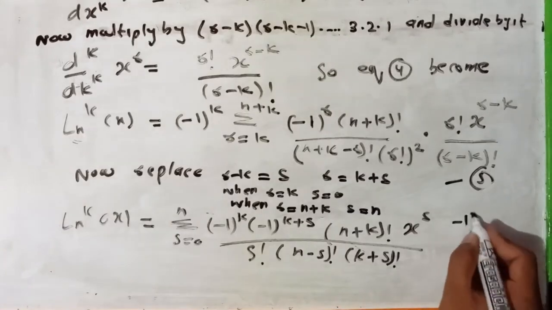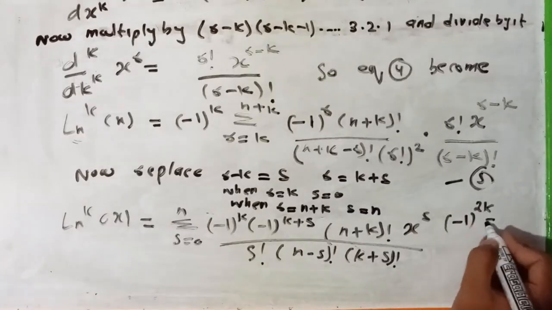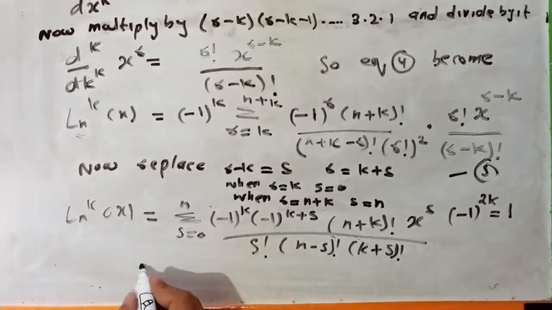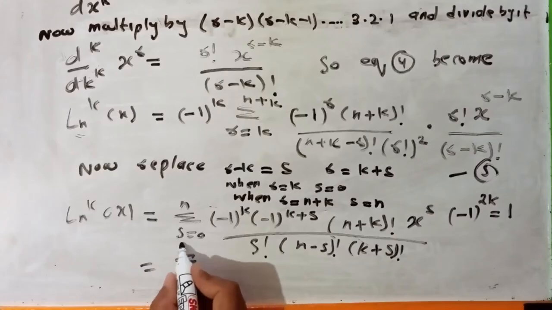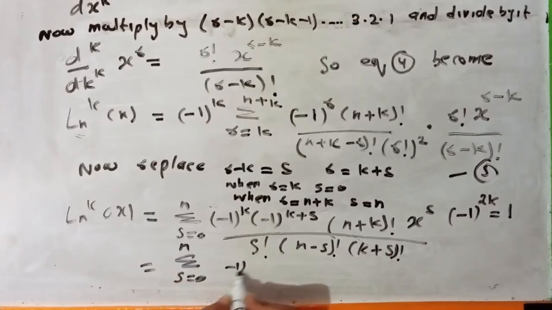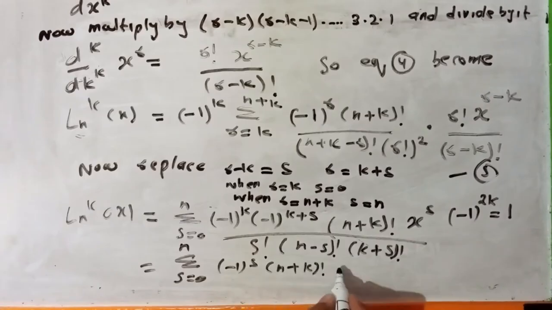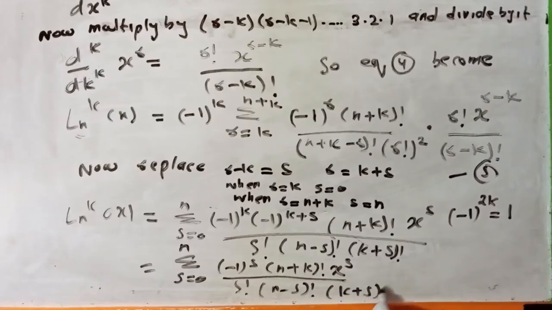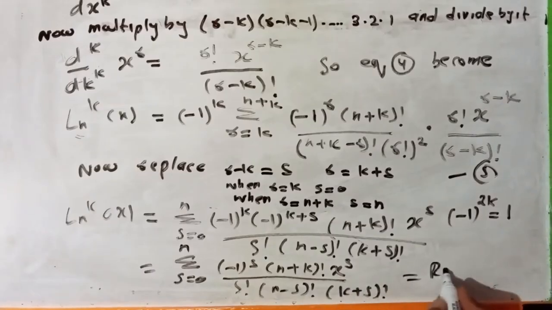And we know (-1)^(2k) is equal to 1. So this term becomes the summation s is equal to 0 to n of (-1)^s (n+k)! x^s over s! (n-s)! (k+s)!, which is equal to the right hand side.